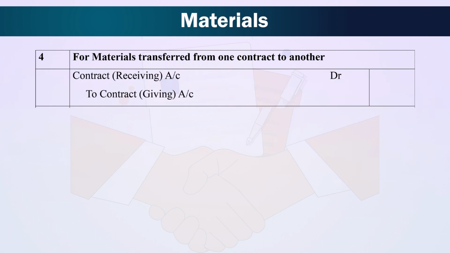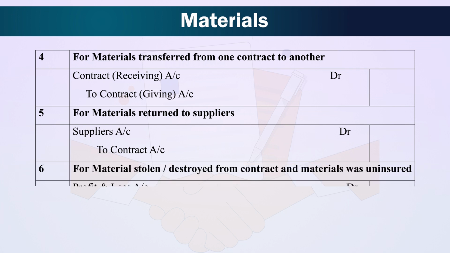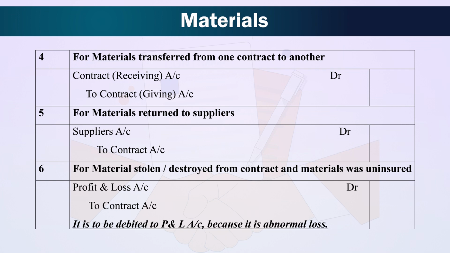Fourth, for material transferred from one contract to another, that is contract receiving account debit to contract giving account. 5, for material returned to suppliers, suppliers account debit to contract account. 6, for material stolen or destroyed from the contract and material was uninsured, profit and loss account debit to contract account. It is to be debited to profit and loss account because it is an abnormal loss.